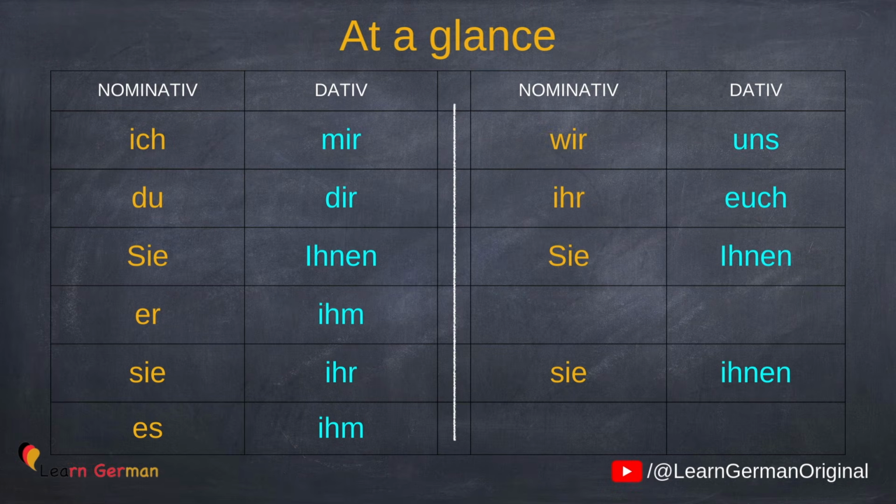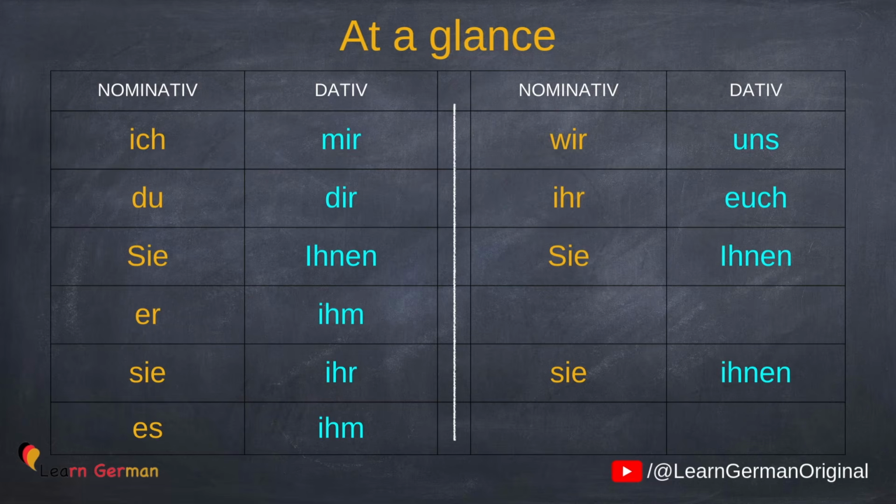Now let's put all of them together. Im Nominativ, it's ich, Dativ, mir; du, dir; sie, ihnen; er, ihm; sie, ihr; es, ihm. In Plural, wir, uns; ihr, euch; sie, ihnen; Sie, Ihnen.